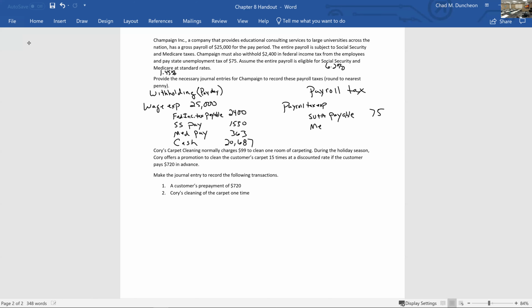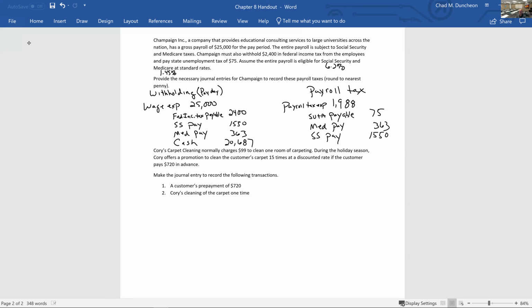And remember, we also have to match the Medicare payable and the Social Security payable of 1,550 and 363. And all these are additional payroll tax expenses that we calculate after we have created all our payables. We can do a payroll tax expense of the total amount there of 1988.